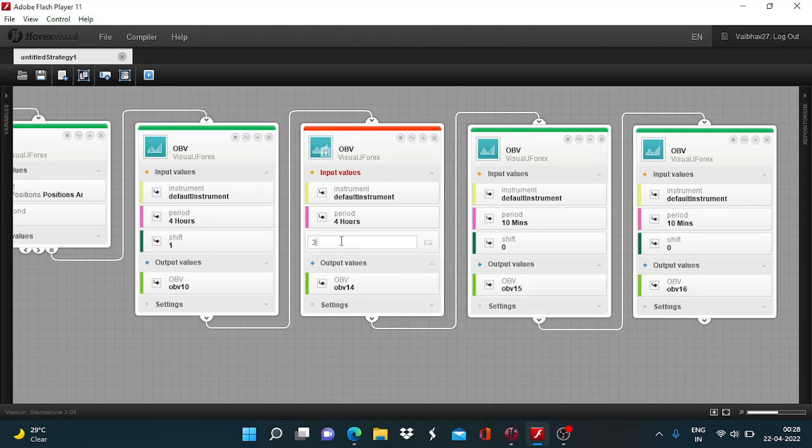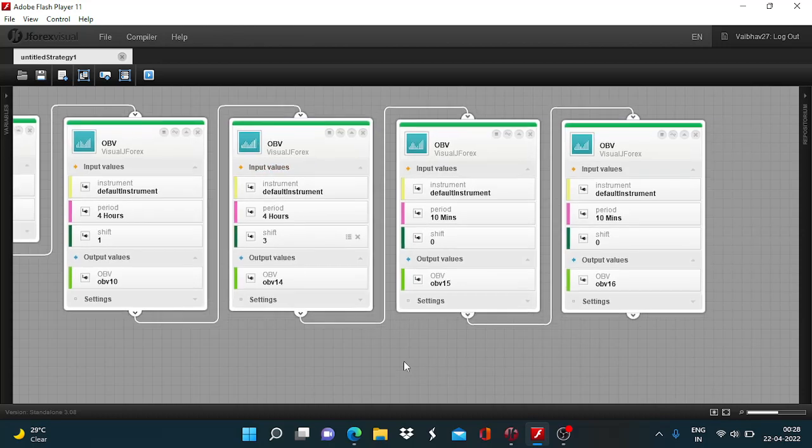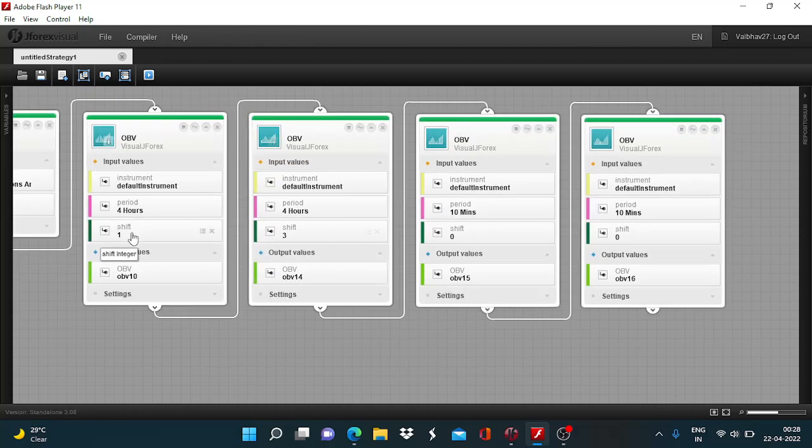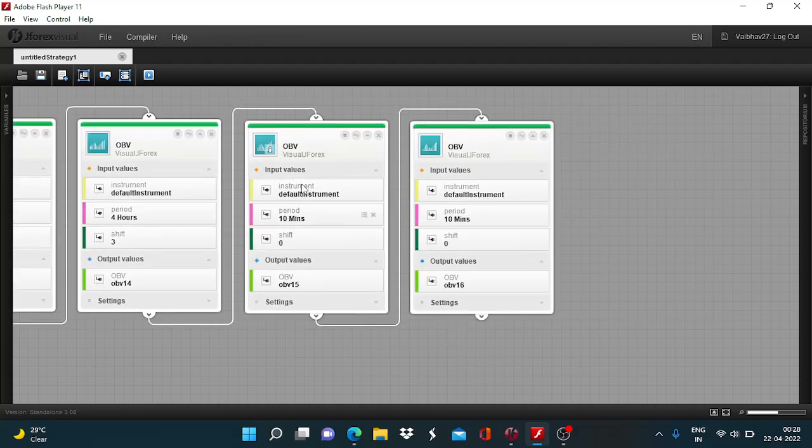So I will take the look back period of 3. There will be an interval of 8 hours between these two output values of the OBV with the candle period of 4 hours each. And to pinpoint the exact entry exit points, we will utilize the lower time frame of 15 minutes each.